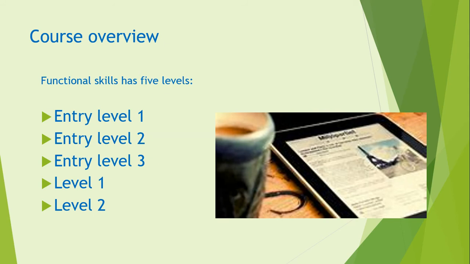But this level 1 is higher than an entry level. And then level 2, which is on par, it's an equivalent level to GCSE level qualifications. Okay, so these 5 levels, we can move and build up and progress through these levels of English study in your time here at college and get you qualifications that really mean something.